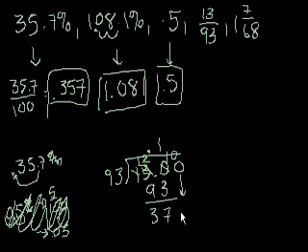Bring down a 0. So 93 goes into 370. I think, let's see, 4 times 93 would be 372. So it actually goes into it only 3 times. 3 times 3 is 9. 3 times 9 is 27.